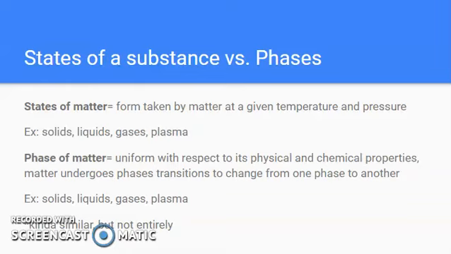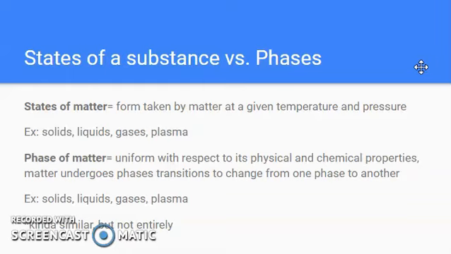So what is the difference between the state of matter of a substance or the phase of matter of a substance? Well, the state of matter is the form taken by matter at a given temperature and pressure, and it is only uniform with respect to its physical properties because temperature and pressure are physical properties of a substance. Examples of states of matter are solids, liquids, gases, and plasma.